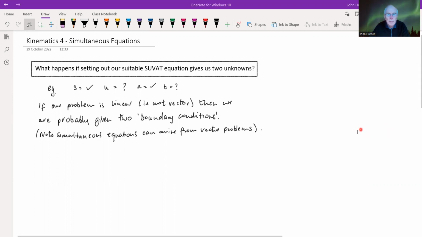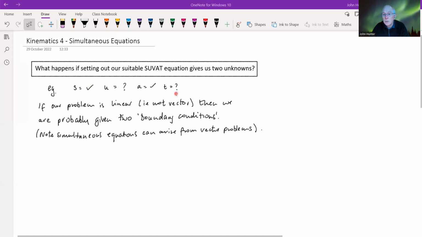So if we're looking at the motion of a particular particle, and this is in relation to the Suvat equations, constant acceleration, we might have information on the motion of a particle that gives us the displacement and the acceleration, but not the initial velocity or the time, which means we won't be able to resolve it.